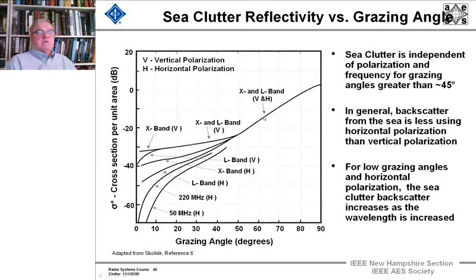Notice that the sea clutter is independent of polarization and grazing angles at angles greater than 45 degrees, and the backscatter from the sea is less using horizontal than vertical polarization, and for low grazing angles, horizontal polarization, sea scatter increases as the wavelength is increased.